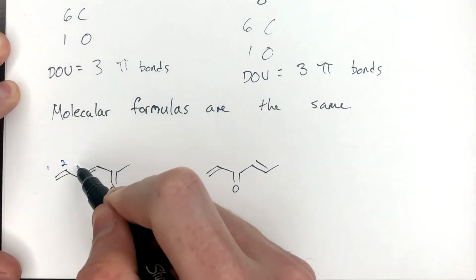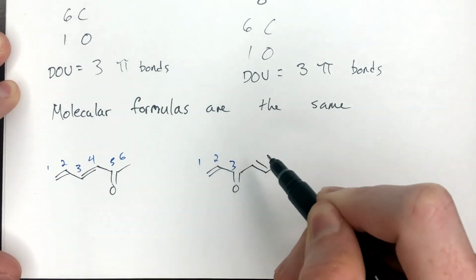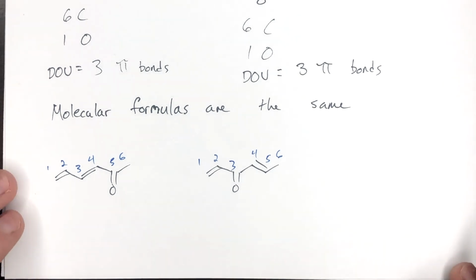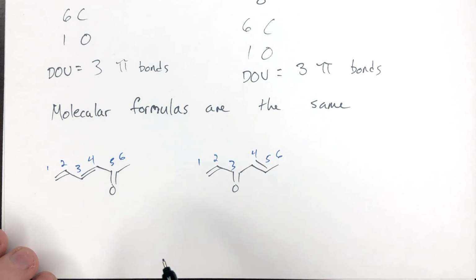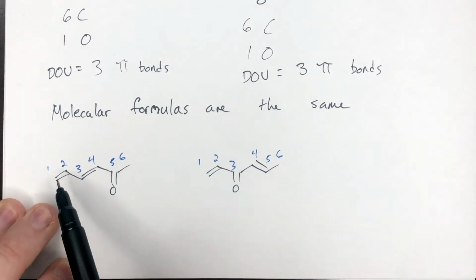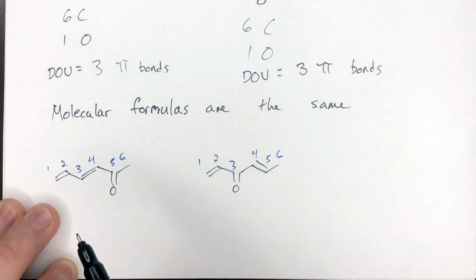So let's go left to right. Again, this is not IUPAC naming, this is just to compare the same carbons to each other. Since there's no ring or symmetry, we just need to compare 1 to 1, basically. So carbon 1 to 1 here is exactly the same. This is just an alkene group at the exact same carbons, that's the same.